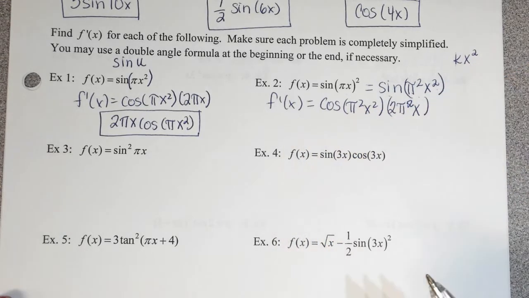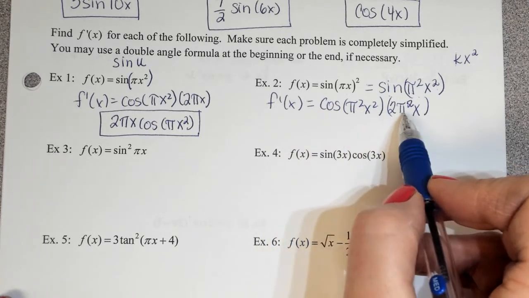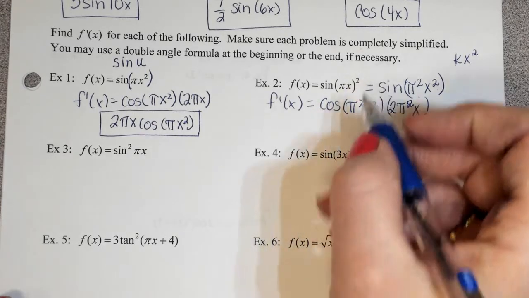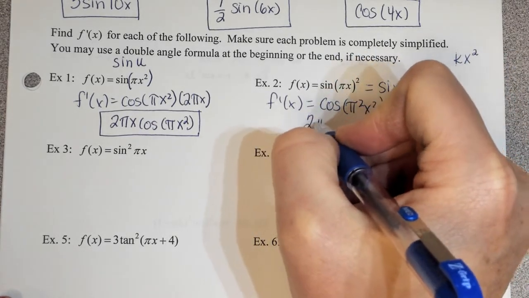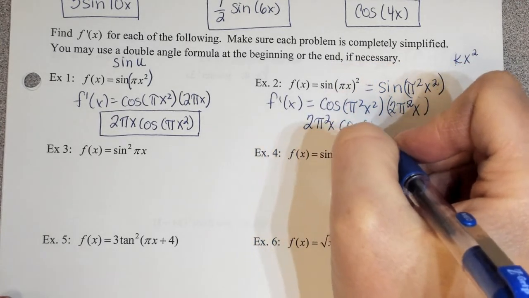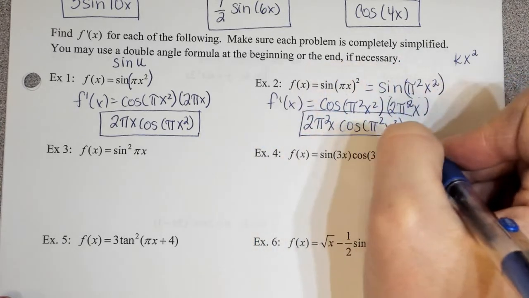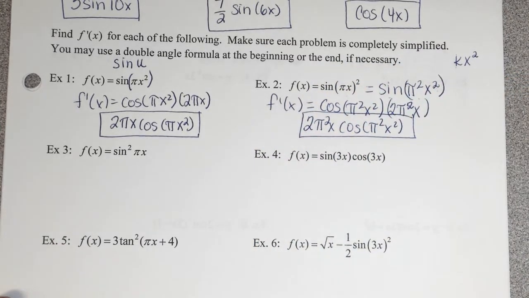Here's what we get. We don't change this angle unless we use a double angle formula. So this just comes out in front. And that's going to be our derivative. Any questions?